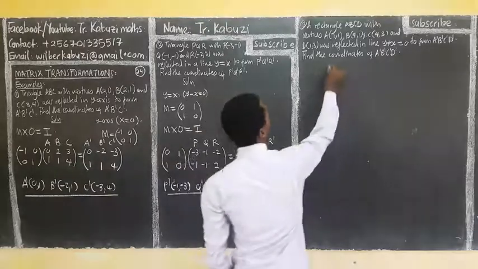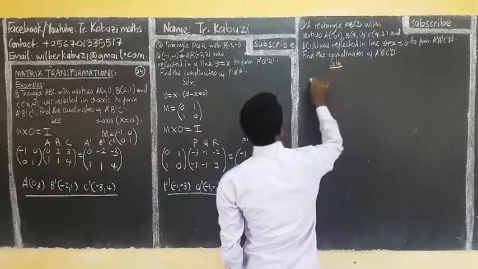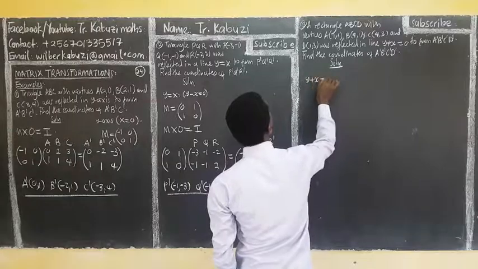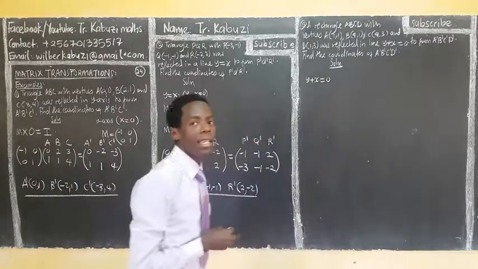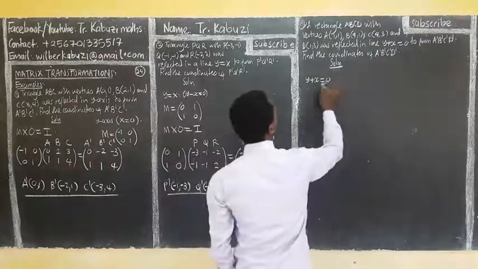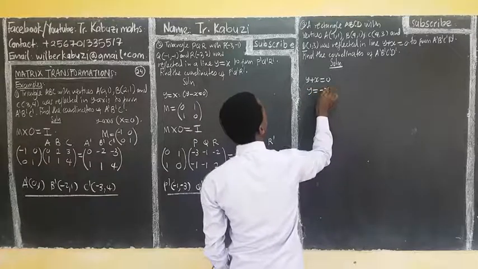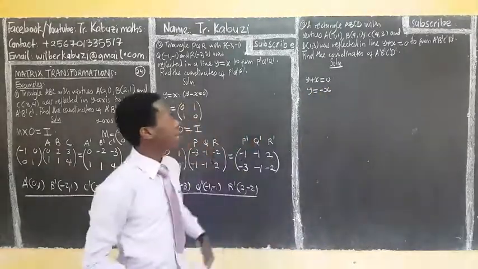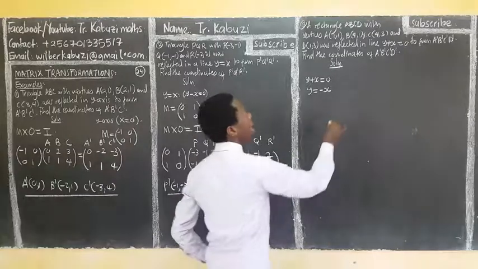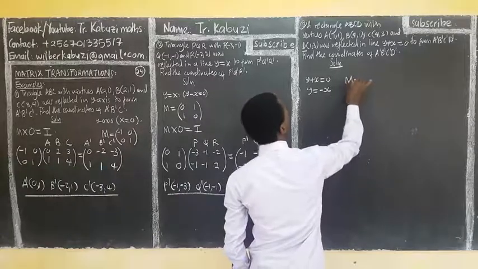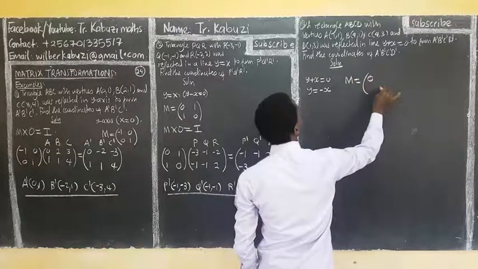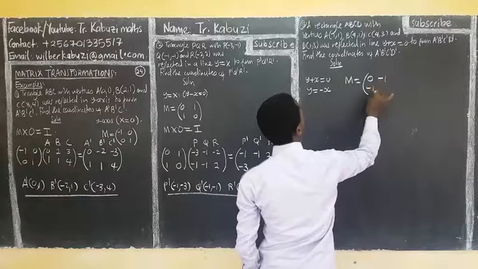So it said in our solution, if you have y plus x is equal to 0, they are just hiding a line. This is the same as y is equal to negative x. And we said if you have this line, now our matrix of transformation becomes 0, negative 1, negative 1, 0.